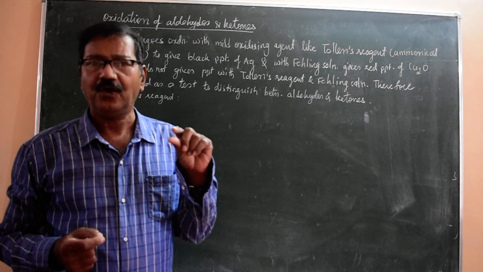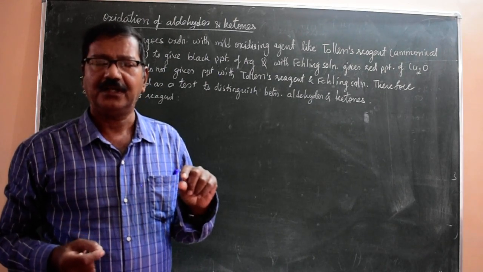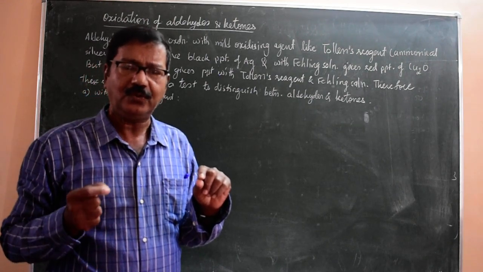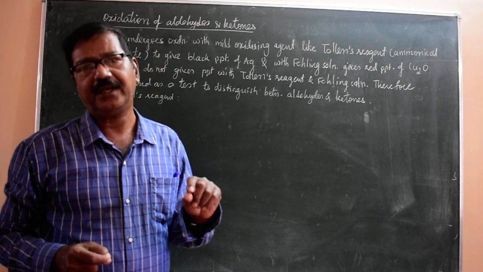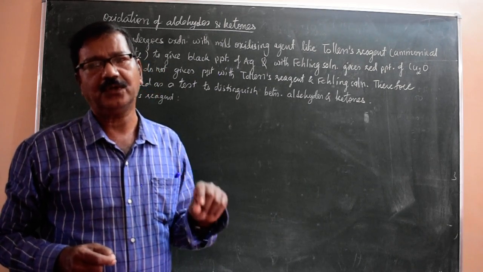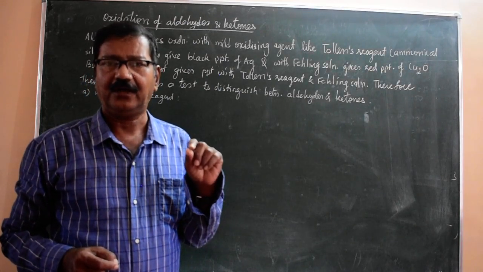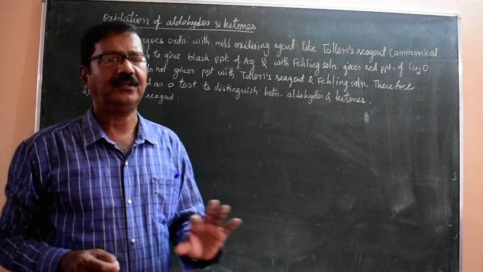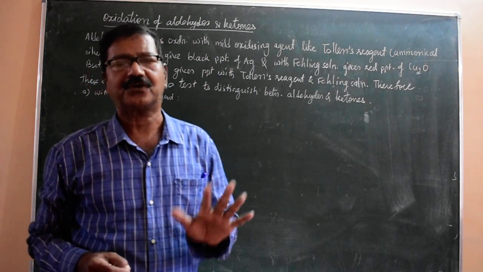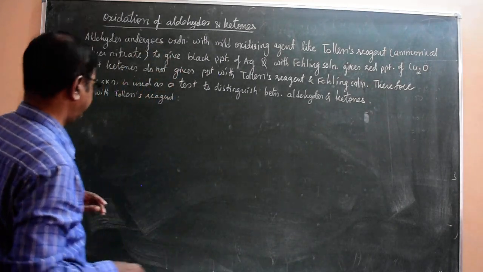You are getting the brown color precipitate. That brown color precipitate slowly dissolves by adding ammonia solution, that is dilute ammonium hydroxide. Dropwise it is added till it dissolves. That solution is called Tollens reagent.